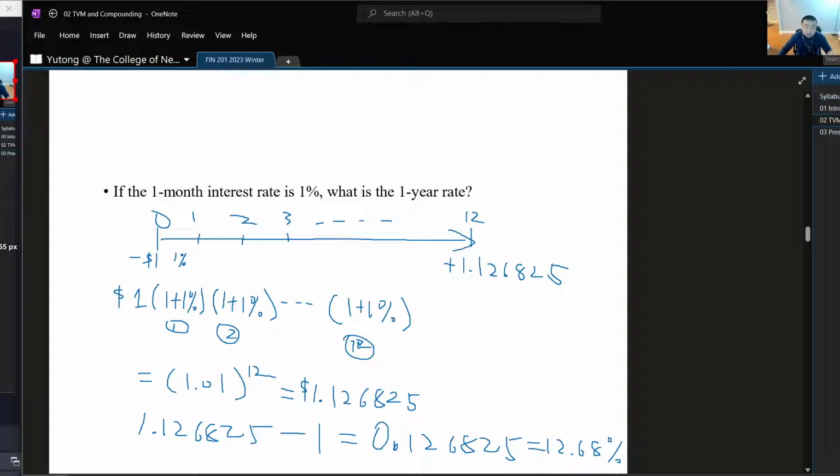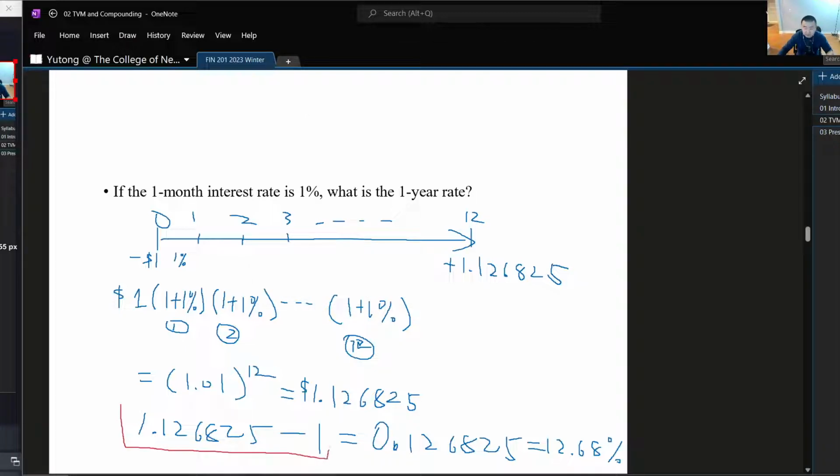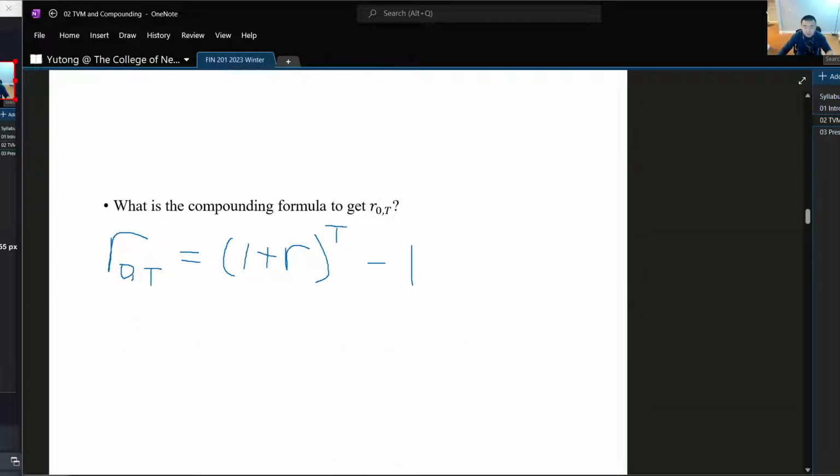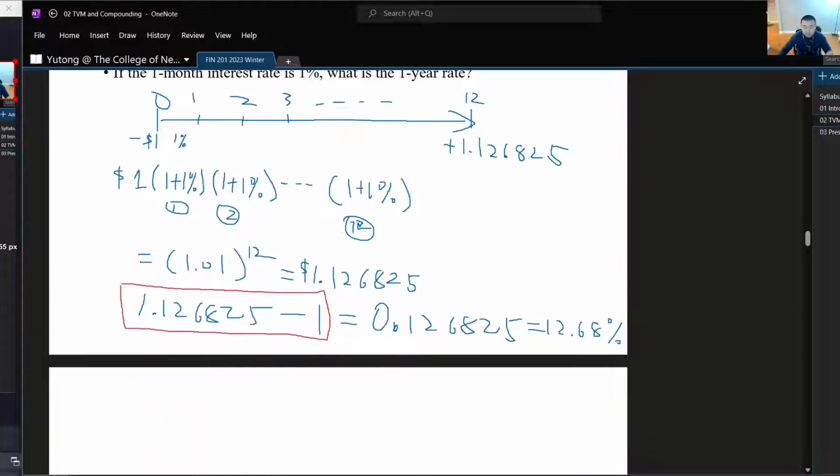So I hope I'm clear about this relationship, because this is where I find most trouble. That's also why I have this. So the minus 1 is here, right? As you can see, the minus 1 is here. The minus 1 is because the idea of 1.126825 is that for every dollar you're investing, you're getting this much, right?